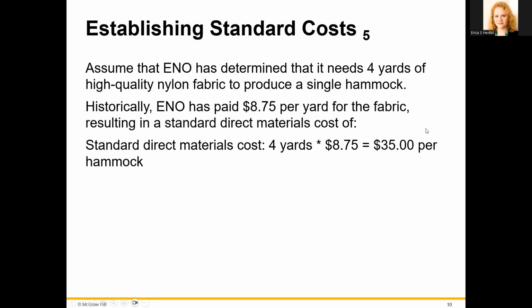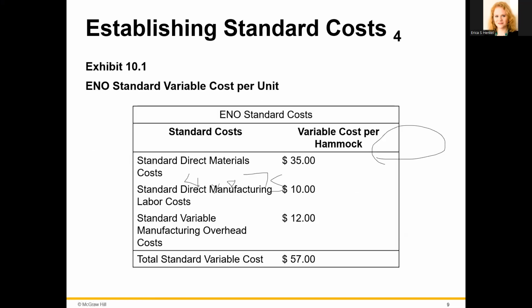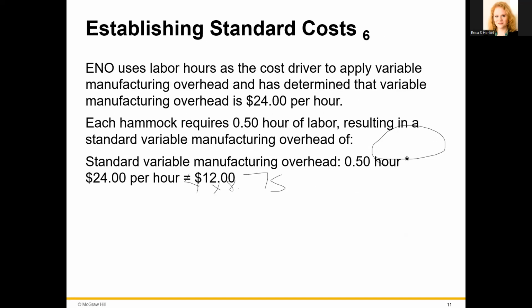Now, let's say that they need 4 yards of nylon fabric to produce a single hammock, and they've paid $8.75 per yard for those. So 4 times 8.75, that gets them that $35 per hammock that they talked about here on this earlier slide. Okay. Now, on the next slide here, they're talking about how they reach their labor cost.